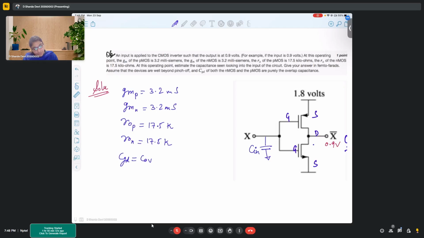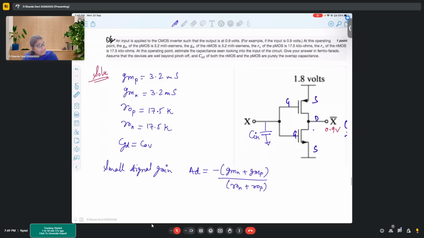We know from small signal, AD is minus gm, gmP upon r0N plus r0P.